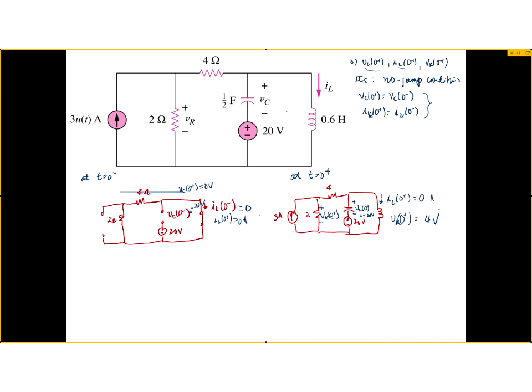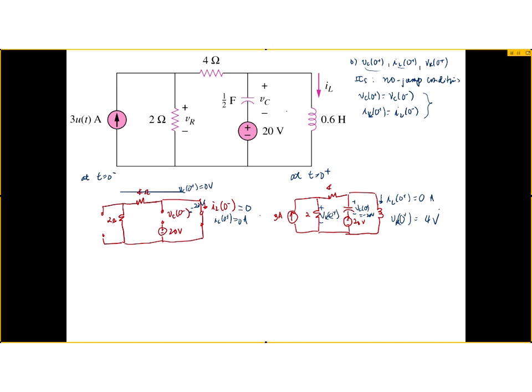It's only when you're looking at another variable, such as the resistor's voltage, that we have to look at the picture before and the picture after in order to find that value, because that VR actually jumps. It's not subject to continuity of energy.